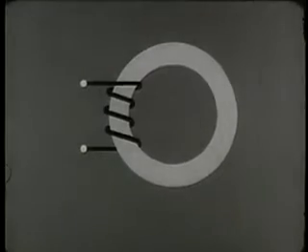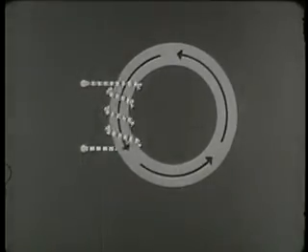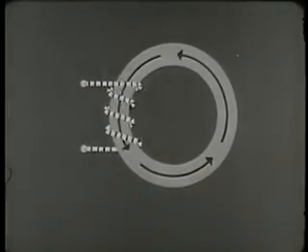Around the core is wrapped a conductor. Current flowing through the winding produces a magnetic field around the conductor. Because the core is made of highly permeable material, it forms a path for the magnetic lines of force.